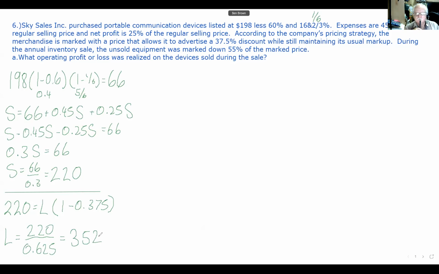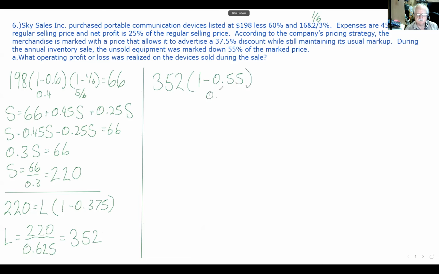So we're still not finished reading the entire question. During the annual inventory sale, the unsold equipment was marked down 55% of the marked price. So they're going to put it on sale. So their price was $352, and now they're marking it down 55%. 1 minus 0.55.